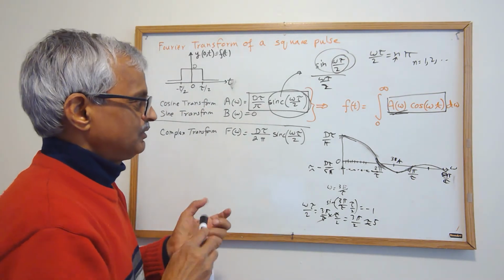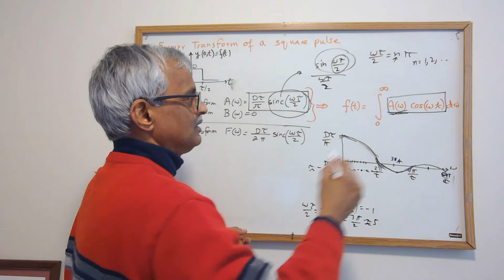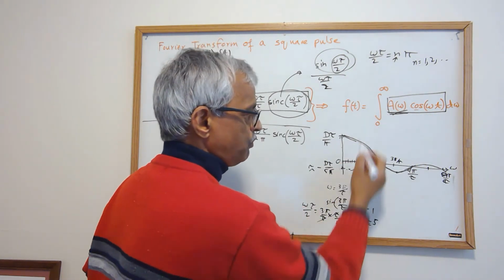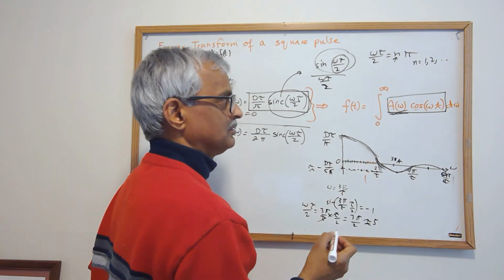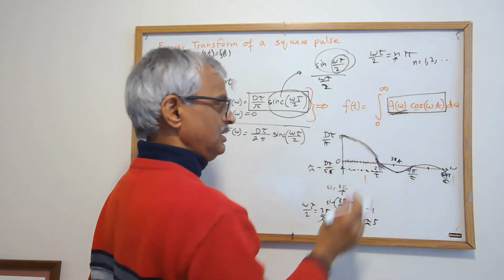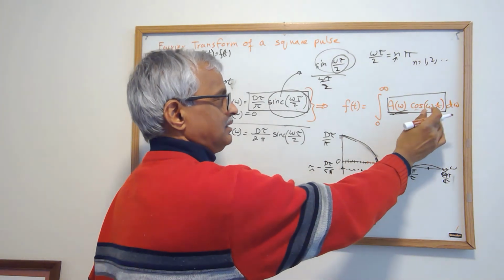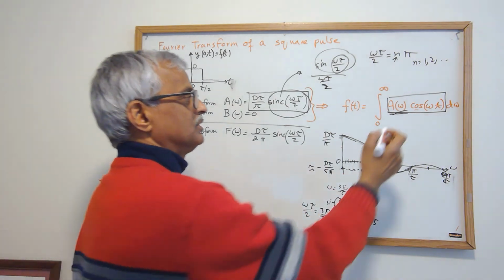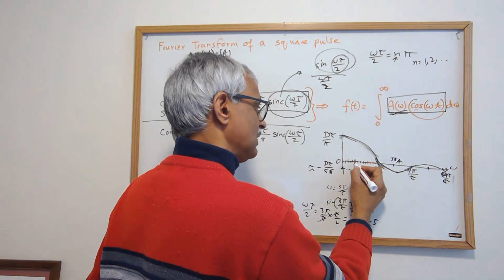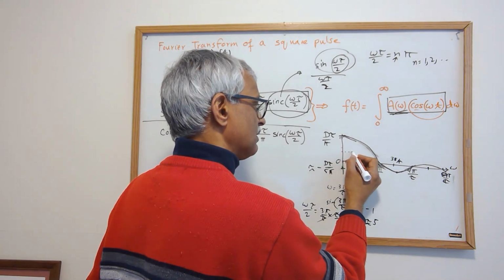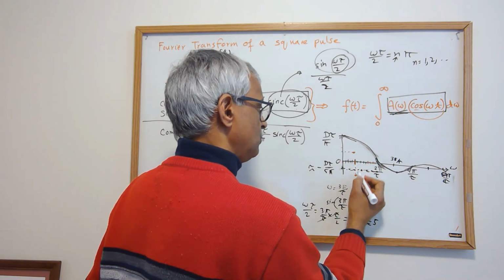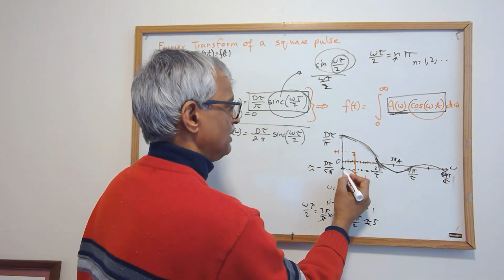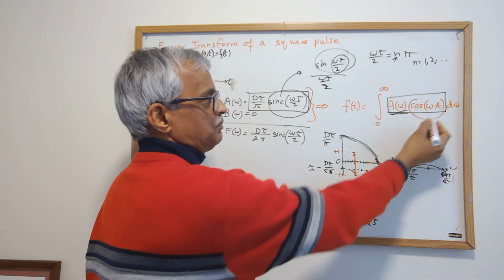And you can see that as far as this cosine is concerned, cosine depends on omega and t. So it will vary at different times, right? If I take this value, it's going to go between +1 and -1, depending on what time you're looking at it.